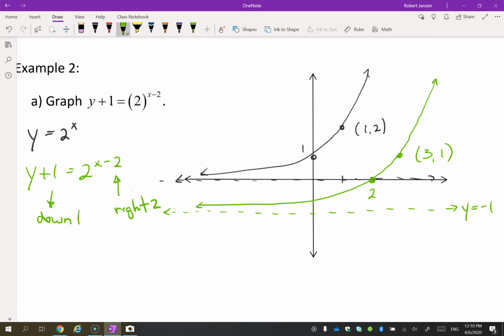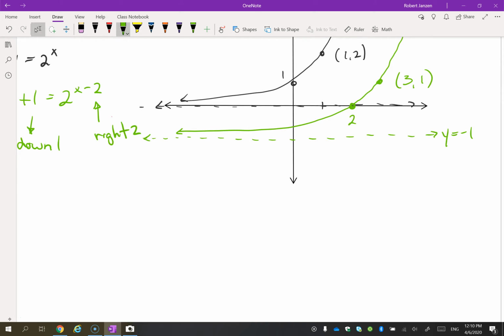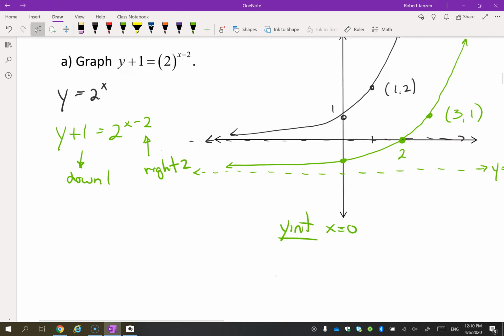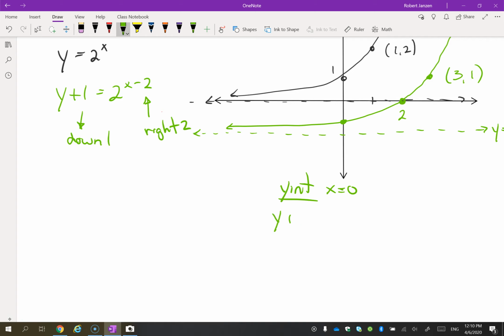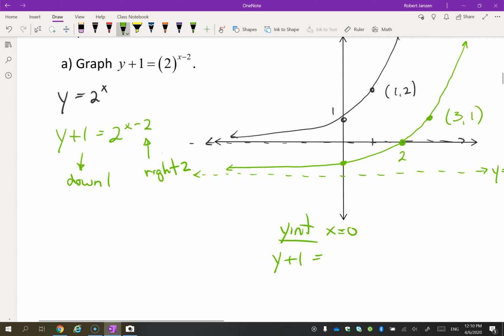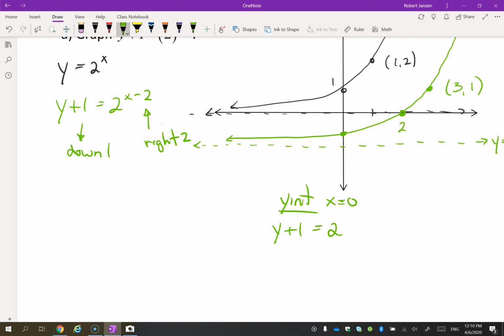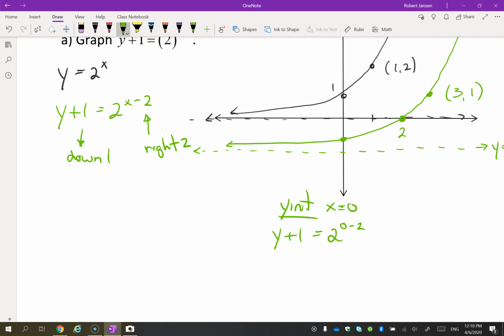And that would be great, except for one thing. You do need to figure out what the y-intercept is, because that's not obvious. How do you find the y-intercept? You make x be 0. Okay, so we're going to go y plus 1 equals 2 to the power of 0 minus 2.